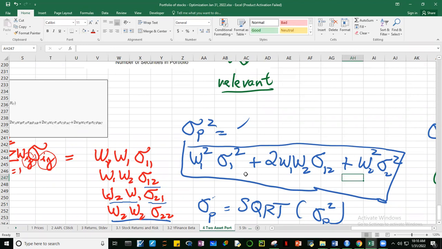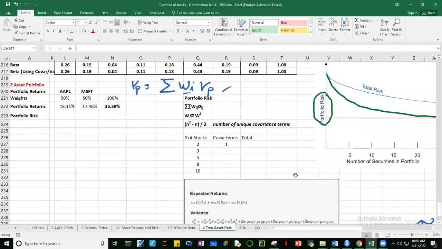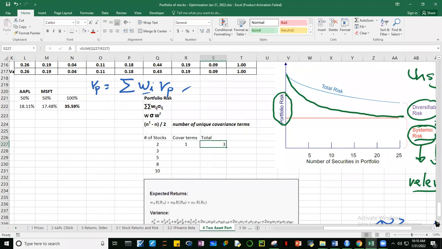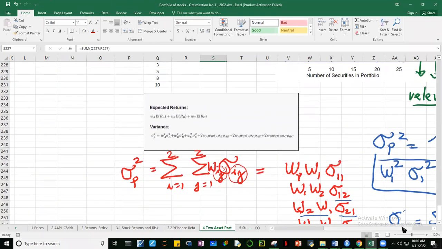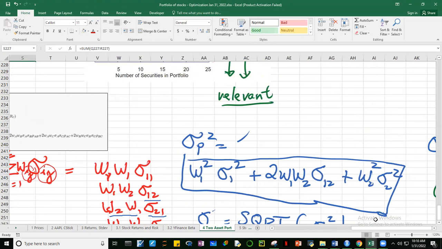Isa lang din. Covariance of 1 with 2. Therefore, yung total terms, guys, kapag two asset portfolio is just ito. Tatlong terms, no? Tatlong terms yung risk. Yung pag-compute ng risk. Just like this one, guys, di ba? Ilang terms to? Ito. 1, 2, 3.